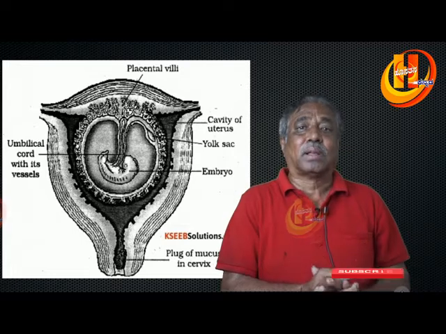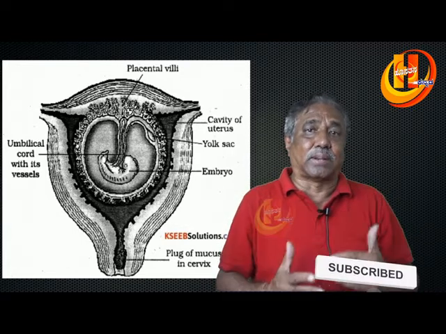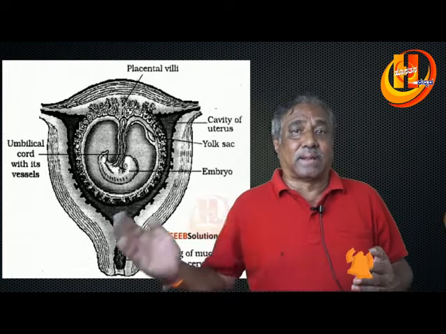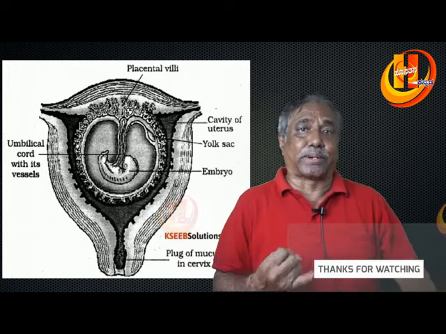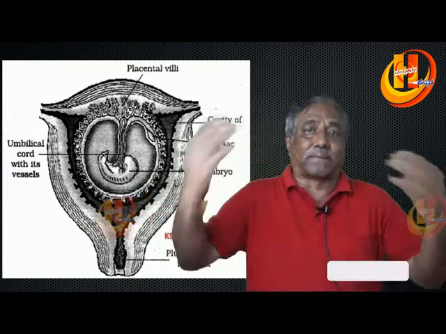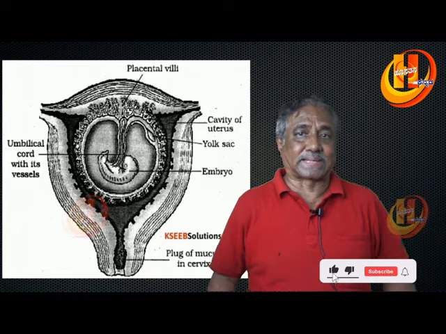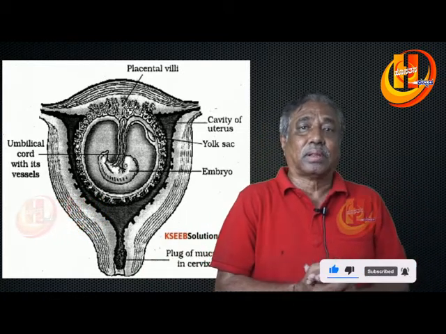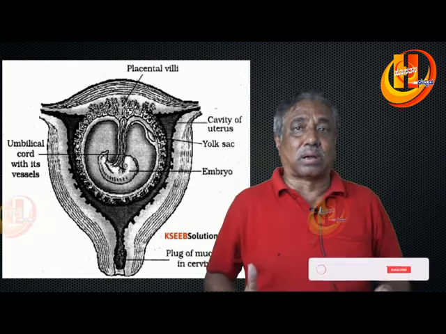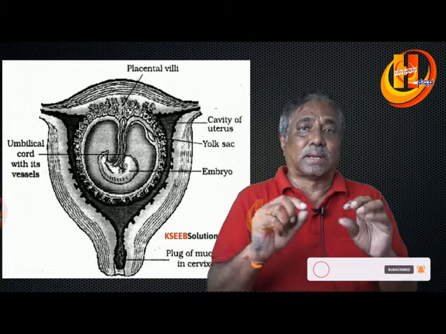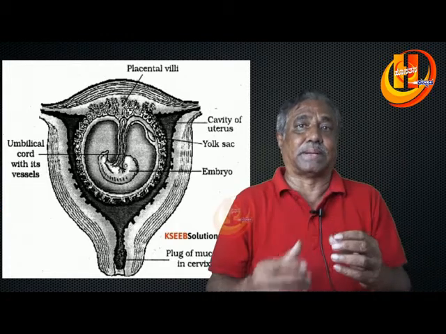And then the inner cell mass develops into stem cells, and these stem cells give rise to different layers such as the outer ectoderm, inner endoderm, and middle mesoderm, and then further development of organs takes place. In the development of a fetus, during the first month the heartbeat is developed.